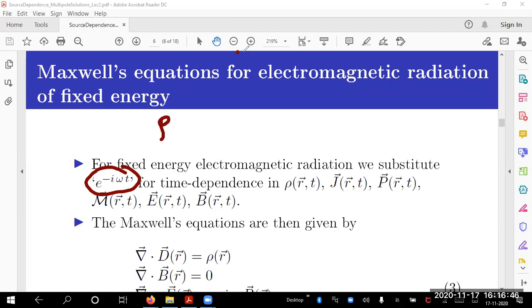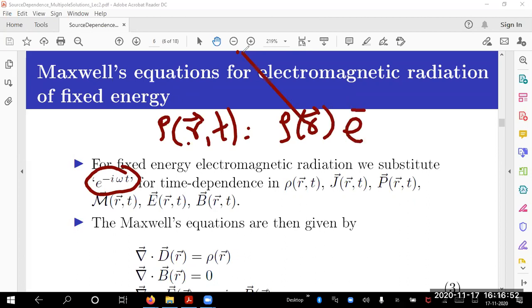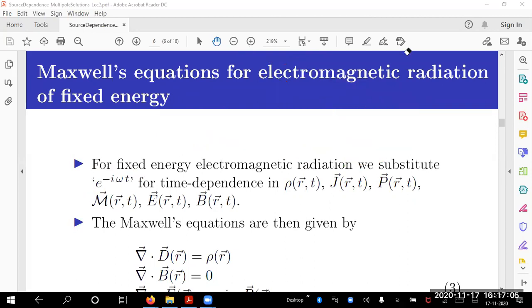That means if I have rho of R, T, I write it as rho of R multiplied by e to the minus I omega t. The R dependence is this, and then there is e to the minus I omega t. The time dependence is factorized. Rho, J, P, everything has that kind of dependence.